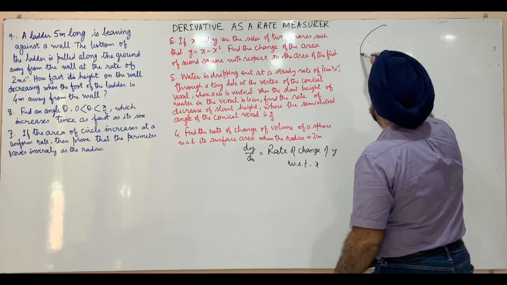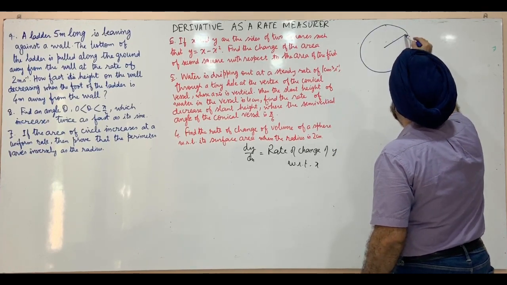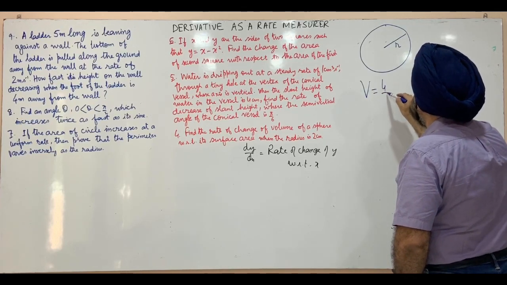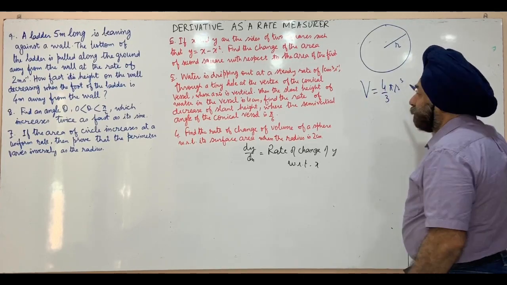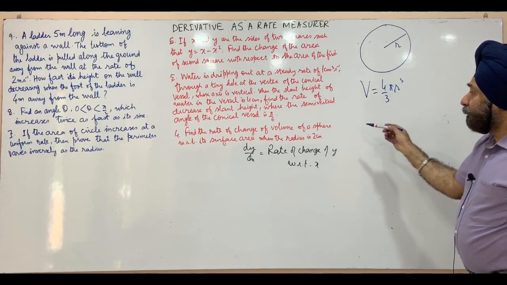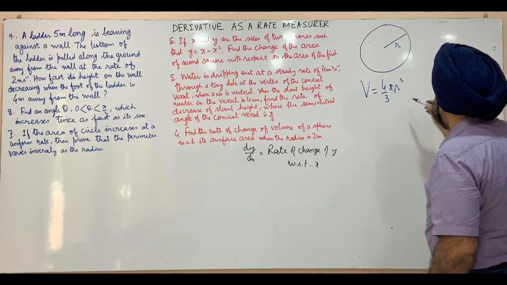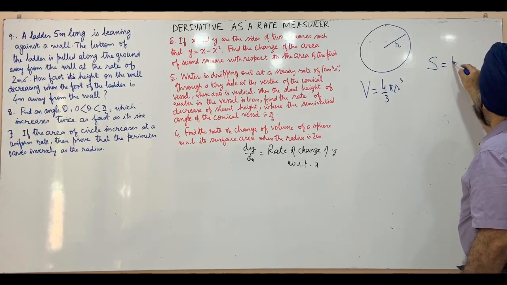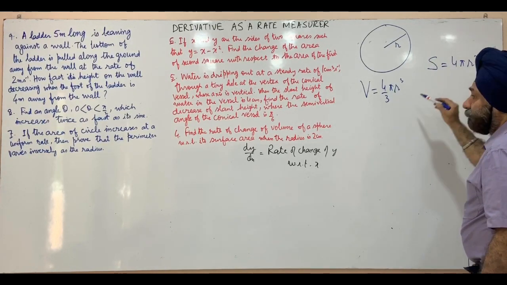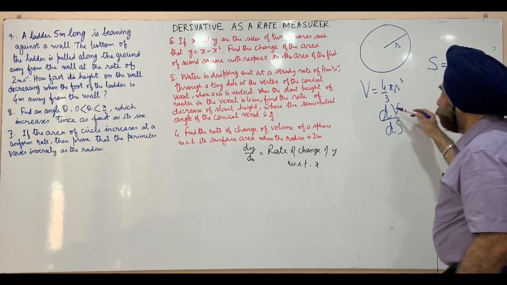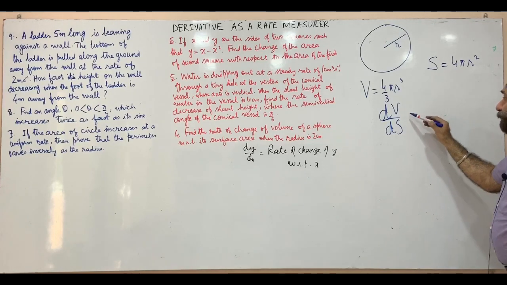Let's say this is the sphere, the radius of the sphere is r, and the volume of the sphere is 4 by 3 pi r cube. We have to find the rate of change of volume of the sphere with respect to surface area. Surface area of a sphere is 4 pi r square. We have to find dV by dS.